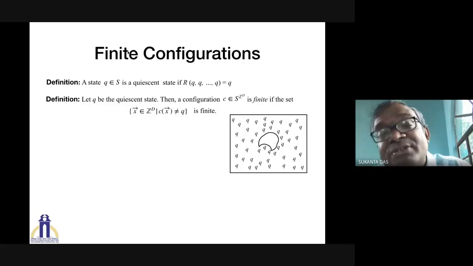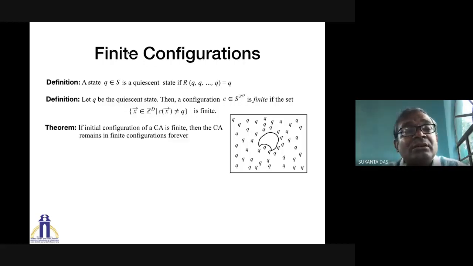And when Von Neumann first developed the CA, in all the cases they dealt with finite configurations, right? So an interesting theorem: if the initial configuration of the CA is finite, then the CA remains in finite configurations forever.